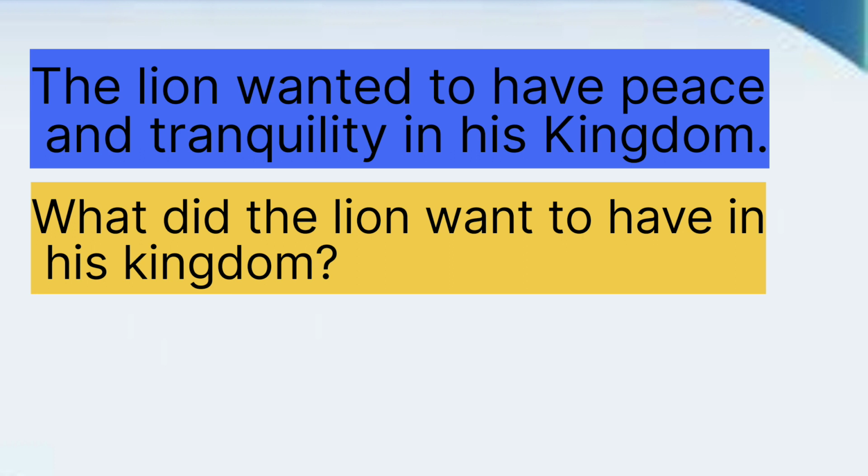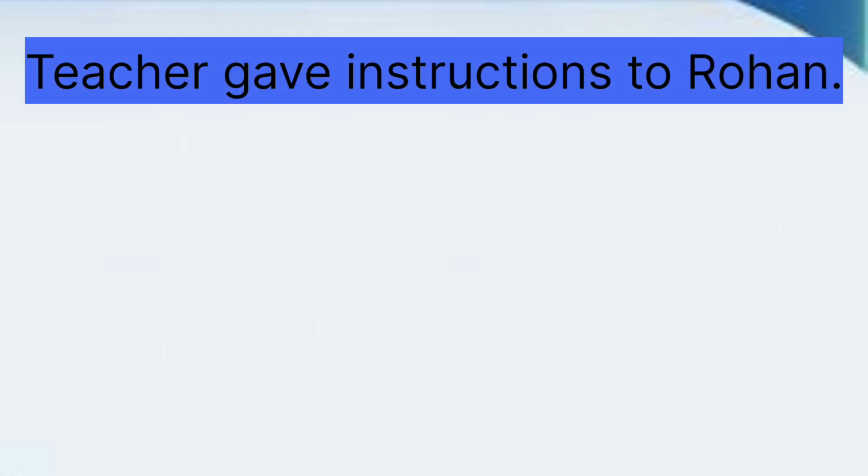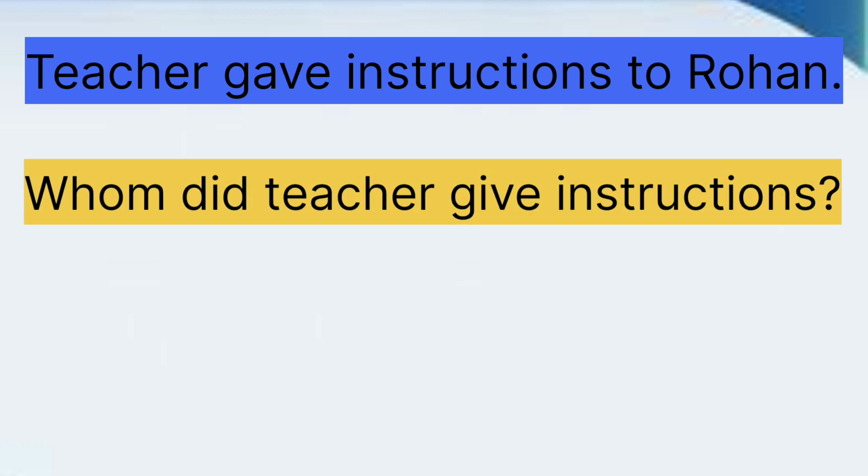Question mark. Next example: teacher gave instructions to Rohan. The underlined part is Rohan. To get the underlined part as an answer, let us frame the WH question. Whom did teacher give instructions? Question mark. Here we have used the WH word whom, as whom is used to ask about a person.